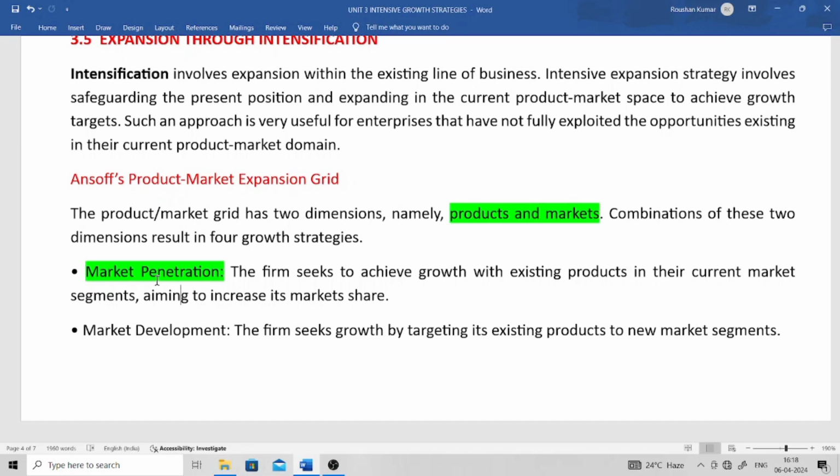So in whatever current market segment the firm is involved in, the existing product is being used to increase market share. That is market penetration.